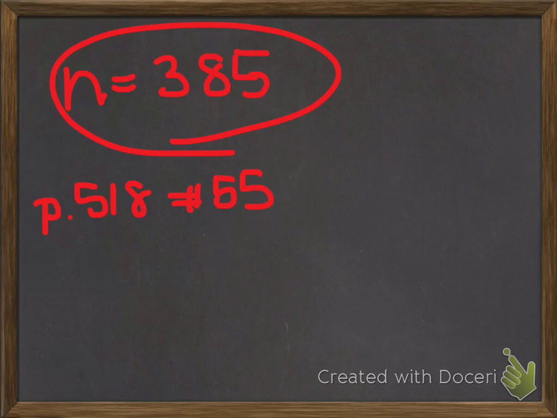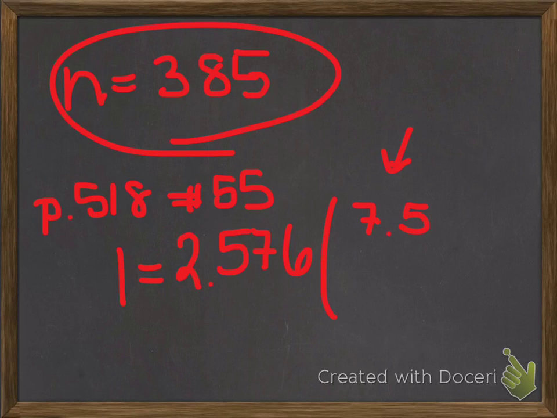So again, same formula. 1 is equal to z star. Now this time it's 99% confidence, so your z star is 2.576. The standard deviation they give you is 7.5, and that is a sample standard deviation, divided by the square root of n.